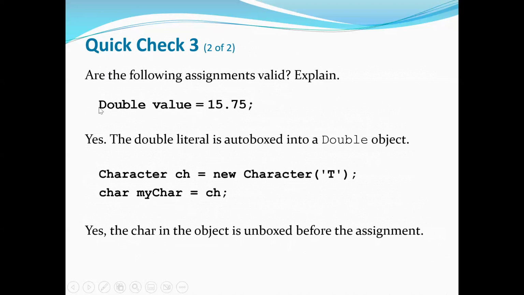Double value with uppercase D equals 15.75 is autoboxing. Then for unboxing, we have the wrapper class, which we create as an object ch, then we unbox it to primitive type. So ch now becomes primitive.